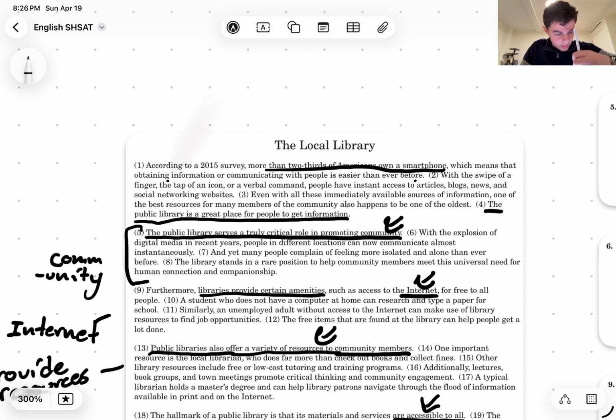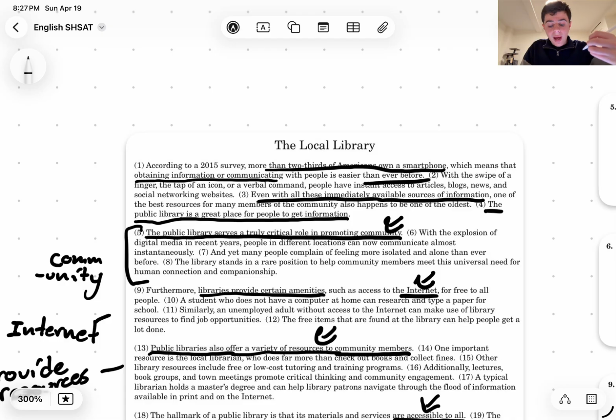Like it says here, obtaining information is easier than ever before, right? But then it says, even with all these immediately available sources, one of the best resources for many members of the community also happens to be one of the oldest, the public library, right?